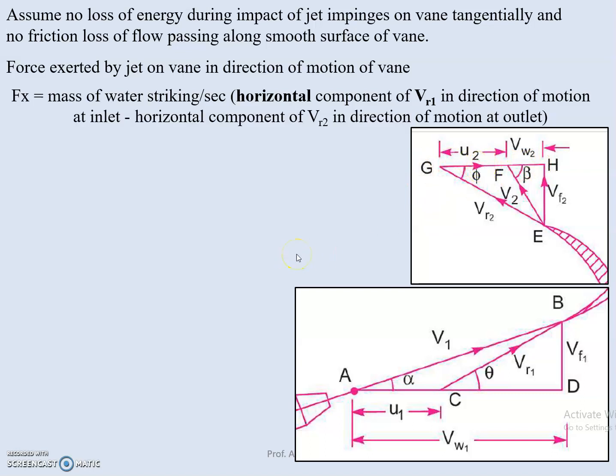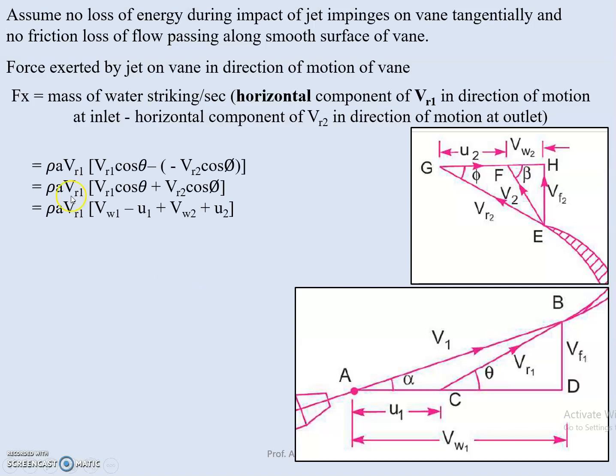So the mass flow rate is rho a Vr1, or v minus u, in bracket Vr1 cos theta minus of minus Vr2 cos phi, where phi is the outlet blade angle.